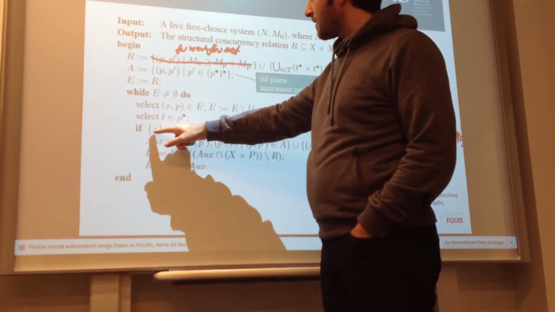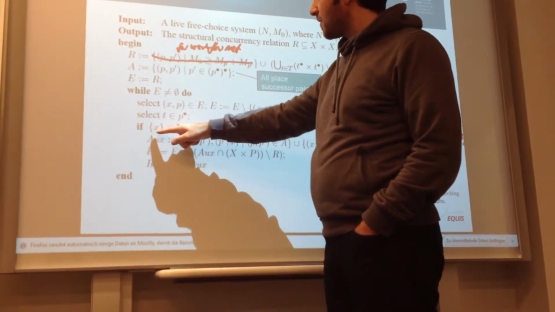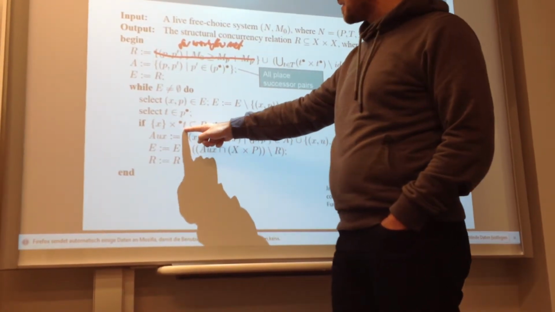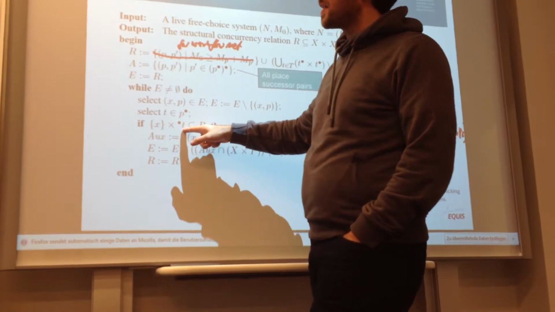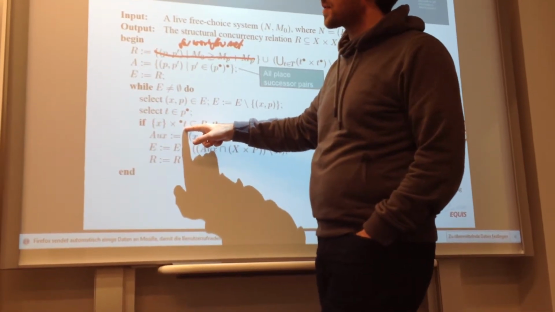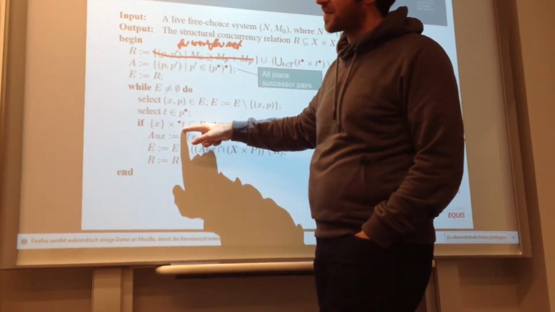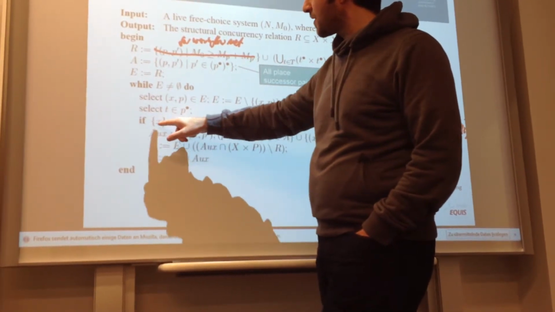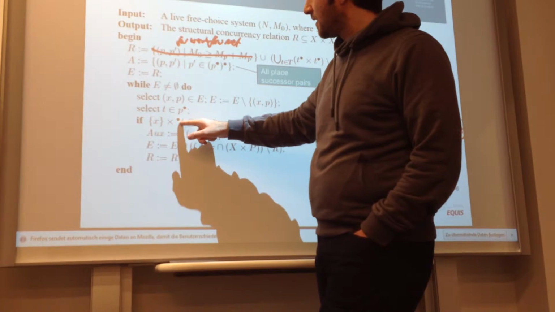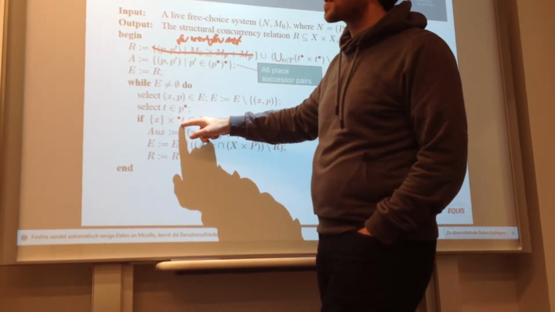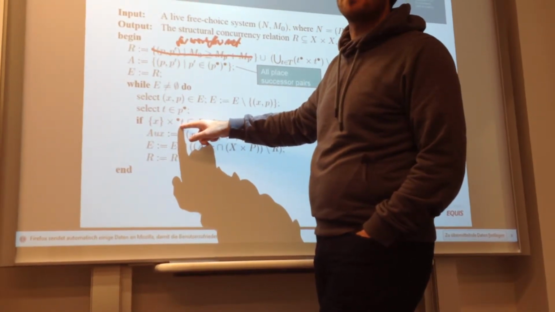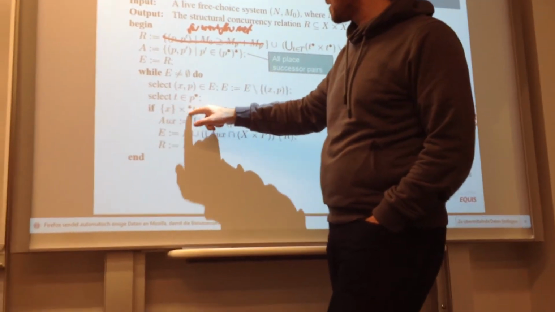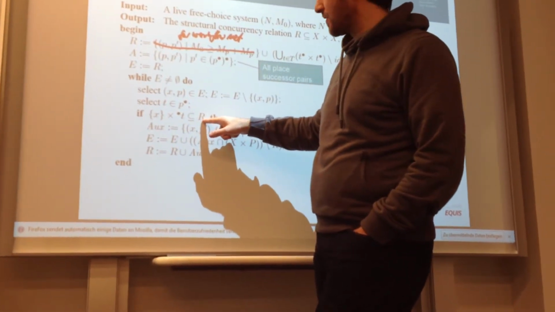And we look at the places which are in the preset of the transition that we're considering, the preset of send bill, and check if that would be part of R. Since send bill has only one pre-place, which is C2, we would say C1 and C2 is actually already in R, which is fine.